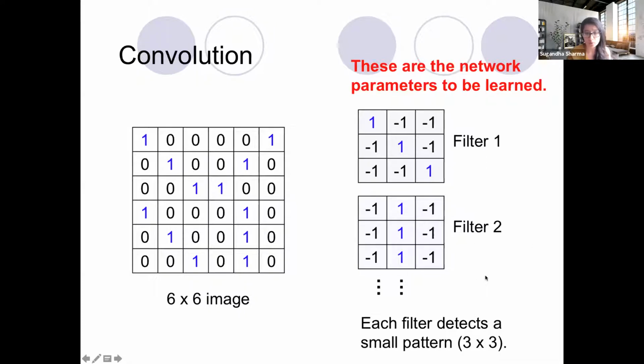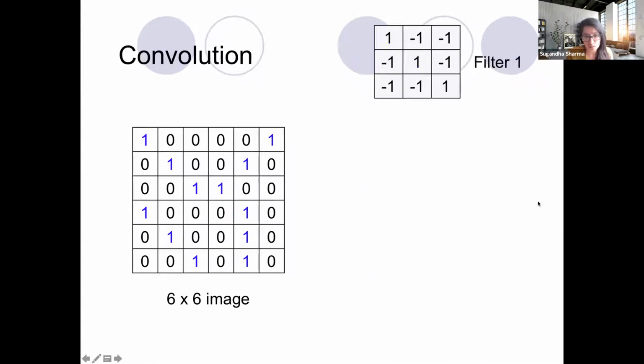Here, since each filter is 3 by 3, each filter is intuitively detecting a small 3 by 3 pattern in the image. You can see there's this pattern being detected, and I'll show you how it's being detected. So let's just look at the first filter and see how we can do convolution using this filter and the input image.